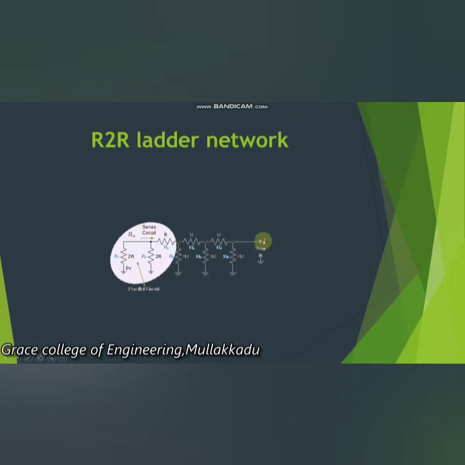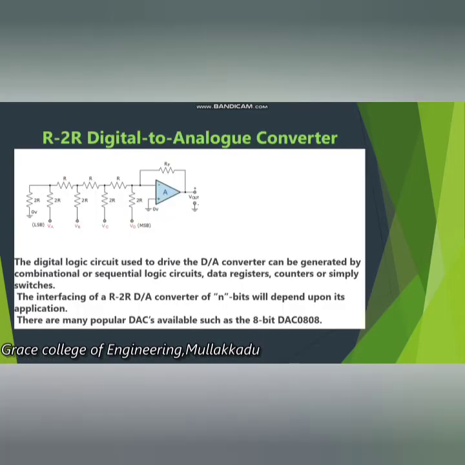This output is given to the operational amplifier. The digital signal at the R2R ladder is converted into the analog signal, and we obtain the output at the operational amplifier. See, this is the circuit diagram for the R2R digital to analog converter.